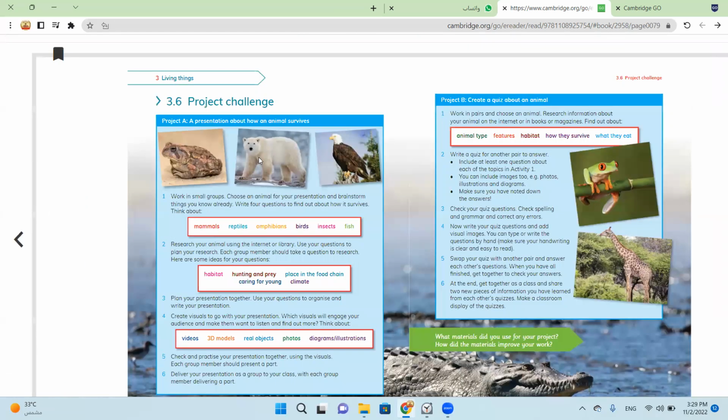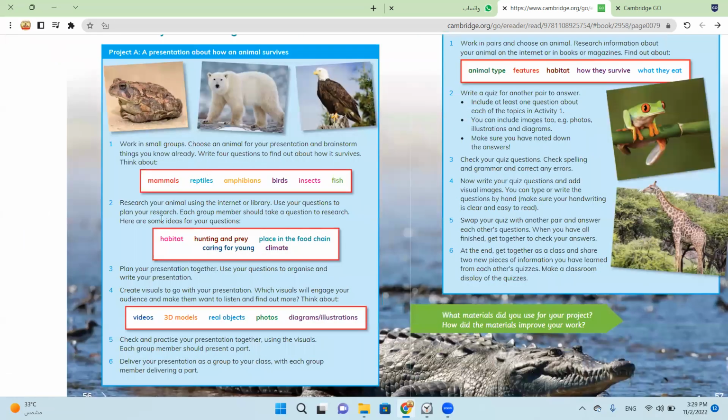Okay, so basically it is a presentation and you have to follow these steps. Number one, choose an animal for the presentation. For example, eagle, frog, bears. After you choose your animal, brainstorm things you already know.